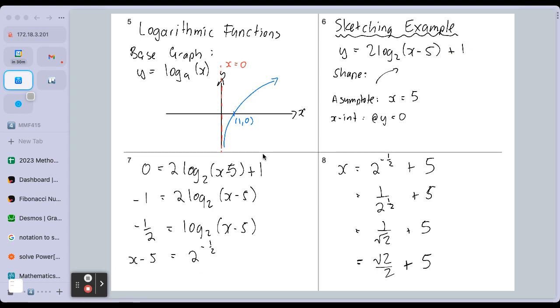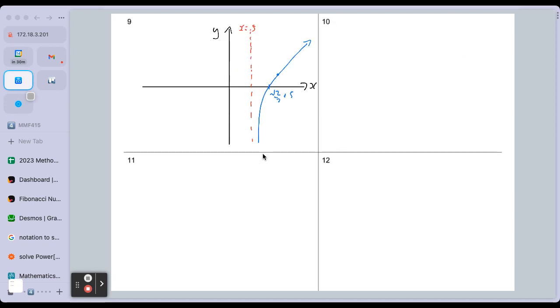So using my translation knowledge, I've gone up 1 unit. Make sure you're paying attention to this because translations were a bit weak in the progress test. By default, this point here is 1 unit away from the asymptote, but this says it's gone up by 1. So 1 unit away from the asymptote would be 5, so it would be 6.